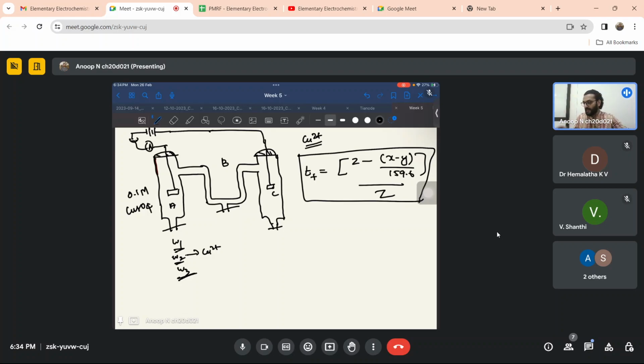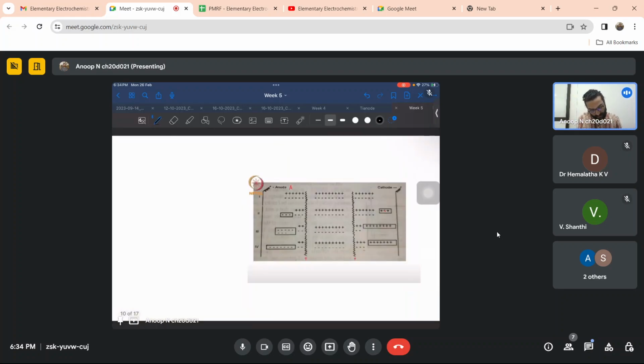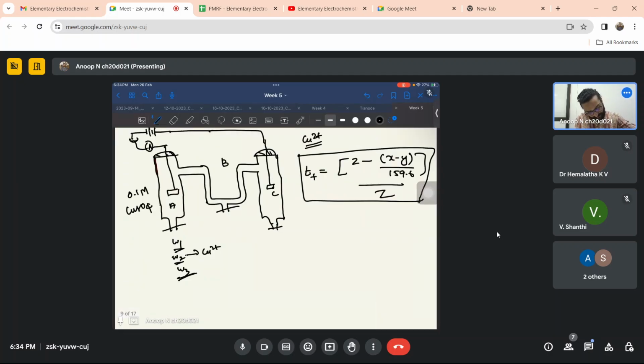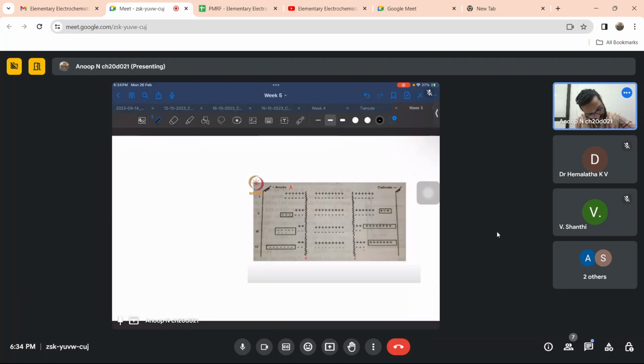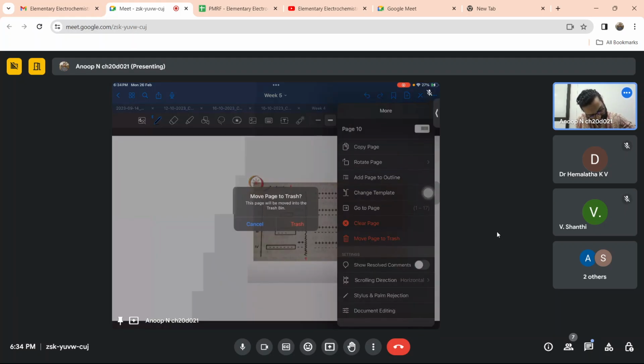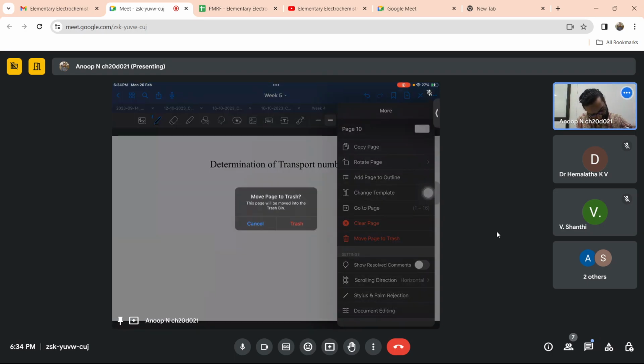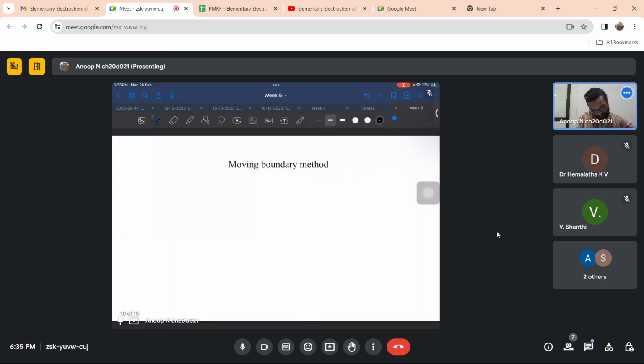The second one is the moving boundary method.